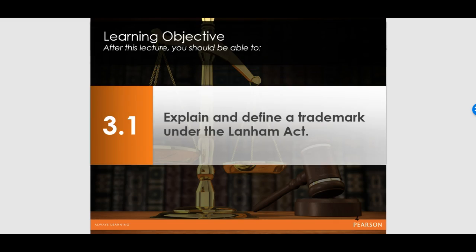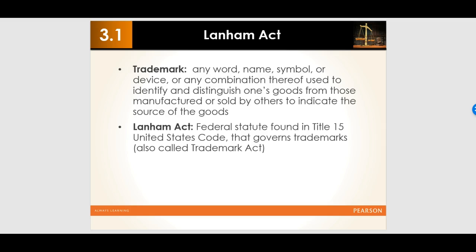So let's start by explaining what a trademark is and what is the law applicable to trademarks in the US. So a trademark will be any word, any name or symbol or device or any combination of those that will be used to identify goods, services, or even companies.